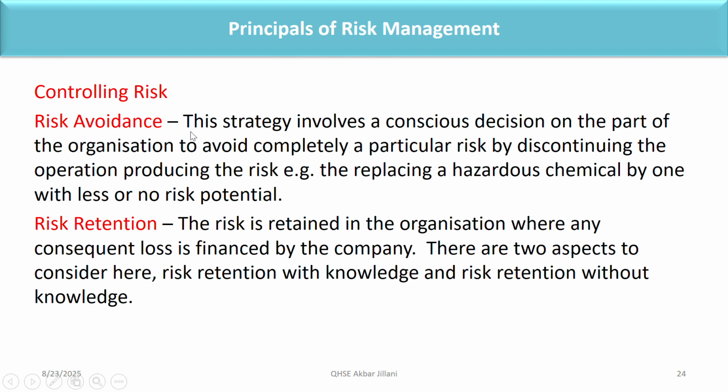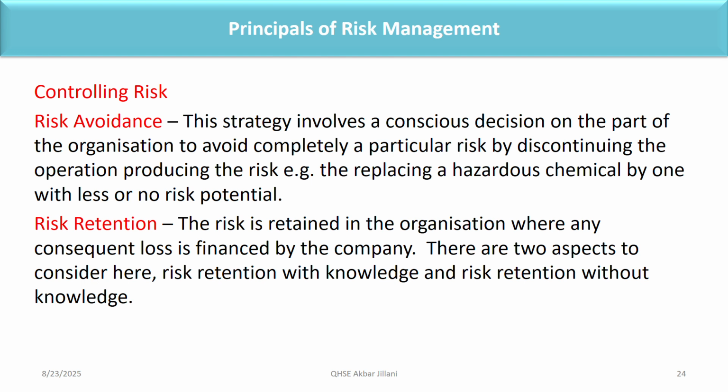Controlling risk, risk avoidance. This strategy involves a conscious decision on the part of the organization to avoid the risk completely, like replacing a hazardous chemical with one with less risk. Risk retention. The risk is retained in the organization, where any consequent loss is financed by the company.